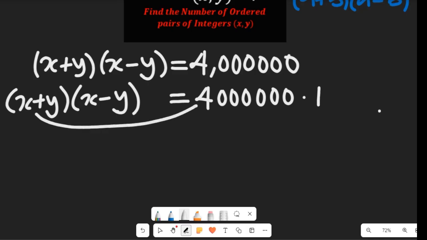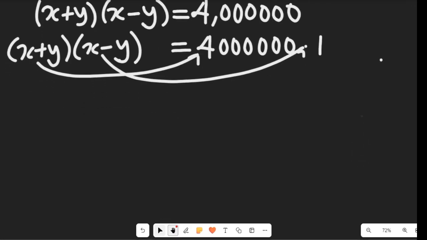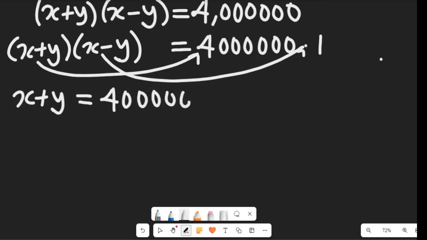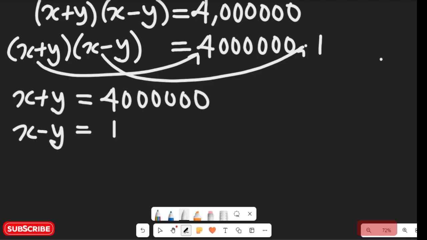While this gives me the greatest value of x plus y, this is going to give me the smallest value of x plus y. So I can equate that expression to give me x plus y equal to 4 million, and my x minus y can be equal to 1.